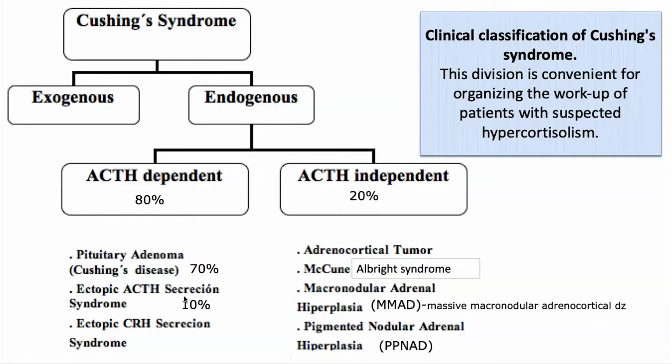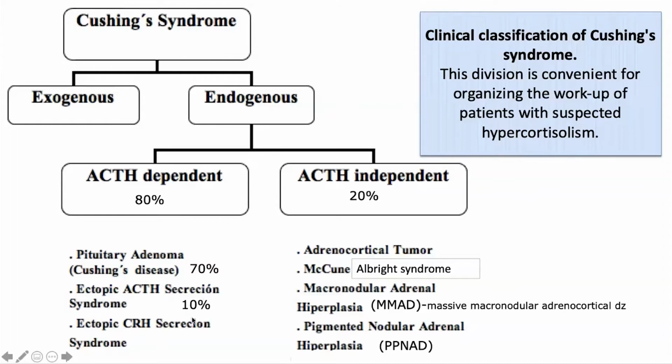Or maybe ectopic ACTH from the lung, for example, or maybe ectopic CRH, corticotrophin releasing hormone, that stimulates the anterior pituitary to produce ACTH. That's under ACTH dependent.